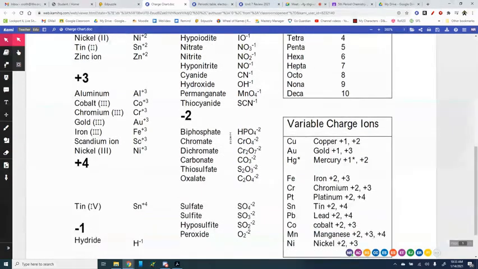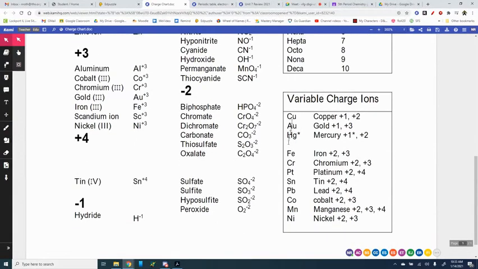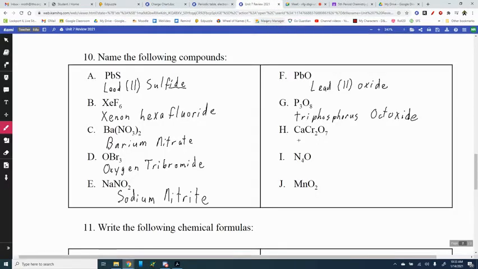Cr2O7 is this right here. So it's dichromate. That is the polyatomic ion's name. Ca is not in the variable charge ions, so we do not need Roman numerals. So we just name it calcium dichromate.